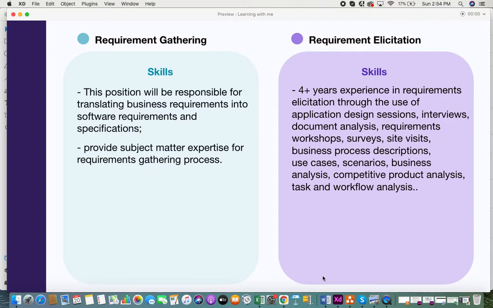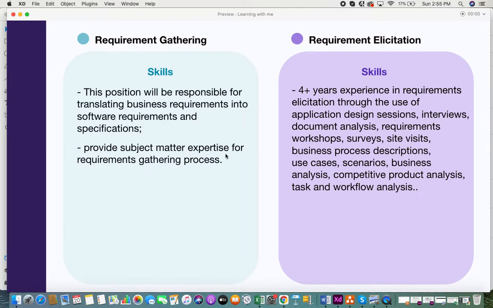So usually when people are very specific on you performing requirement gathering, these would be some of the things that they would mention. This position will be responsible for translating business requirements into software requirements and specifications. So you're translating the given business requirements into a set of software requirements and specifications, and giving it to the development team.